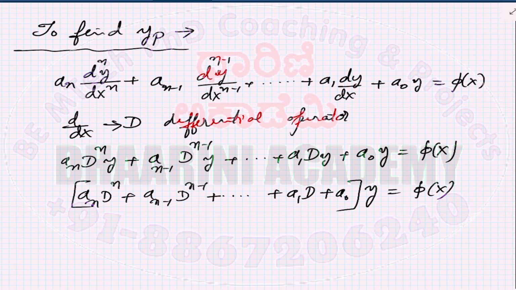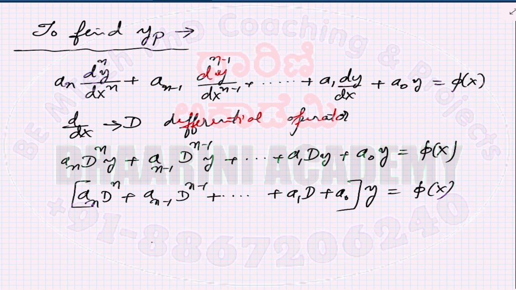What we do, instead of making phi of x equal to 0, the RHS we made 0 in the previous case when our intention was to find yc. But now we don't do that because we want phi of x to be present, so that we can find that part of y which depends upon the phi of x value.